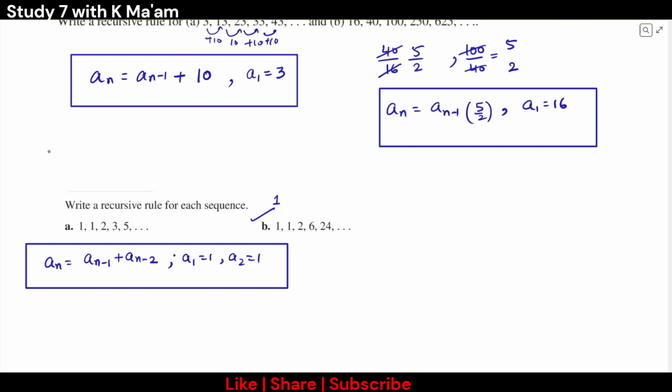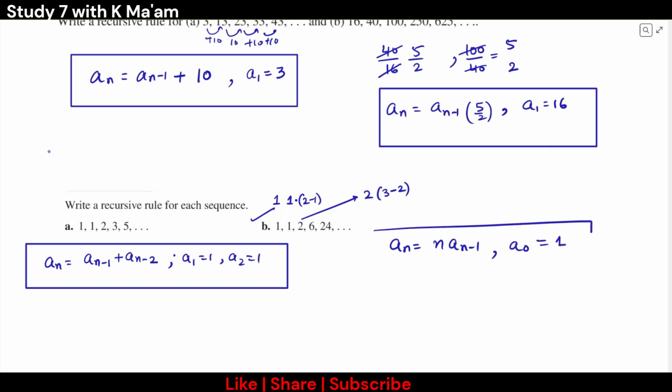This is 1 times 2 minus 1. This is 2 times 3 minus 2. And so on. You have to do it like that. So a_n is equal to n times a_(n-1), with the given term a_0 is 1. Done. We are done with this.